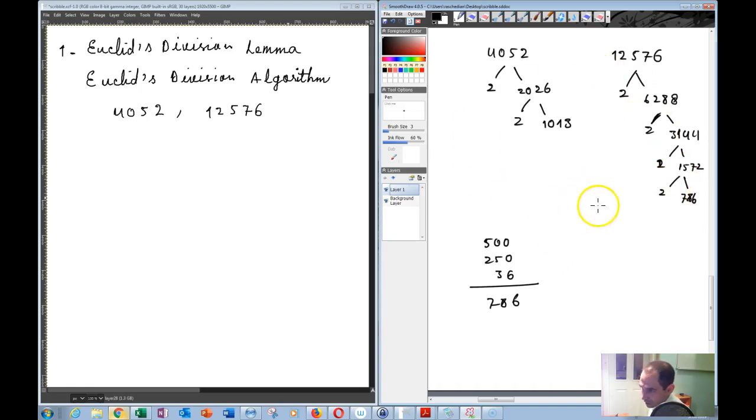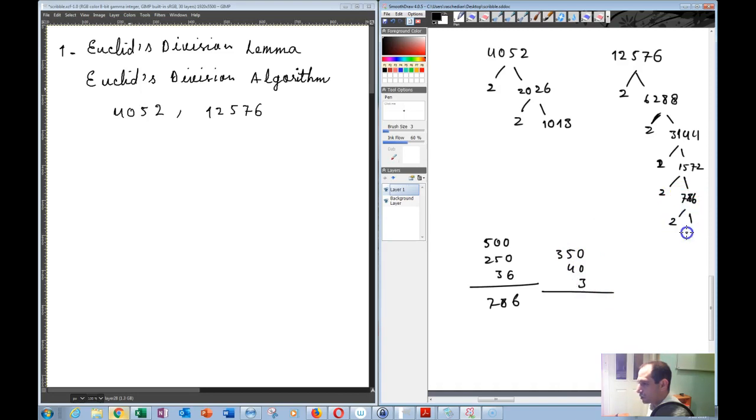You see, that's a tedious job actually to find the HCF of these two numbers. Well, I'm just going to show you why this is actually very useful, and you're going to see in just a moment how this works. So 786 divided by 2 is 393.